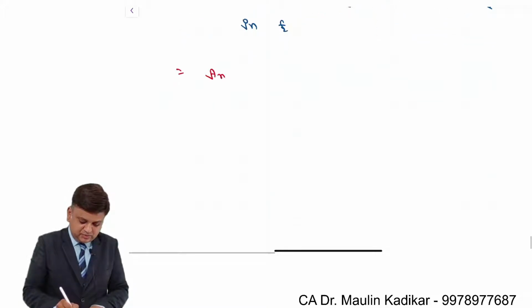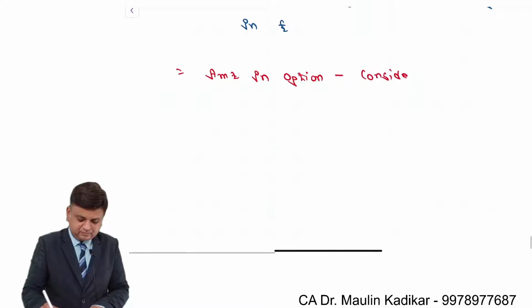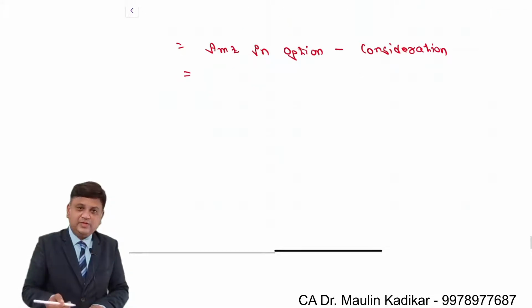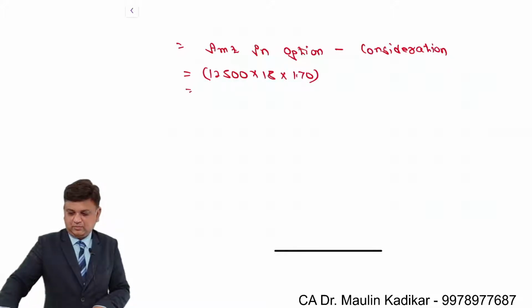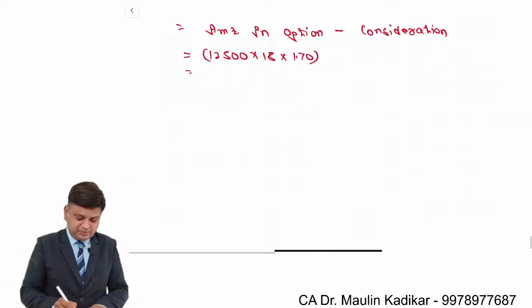So it is the amount in option minus consideration. So friends, over here it is 12,500 into 18. This is the number of contracts into 1.7. So this is the amount that you will be able to arrange through option.